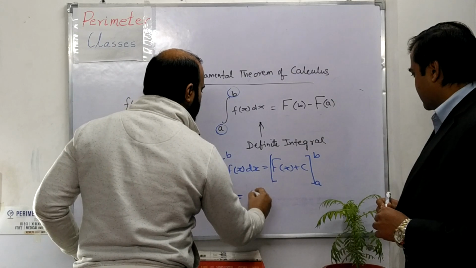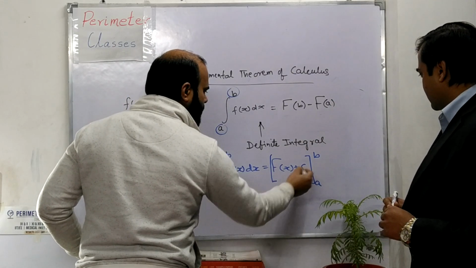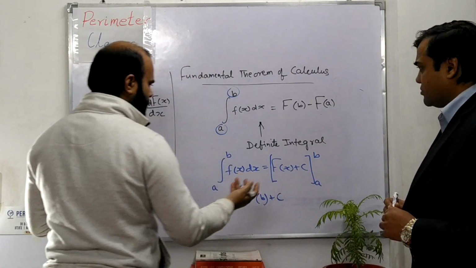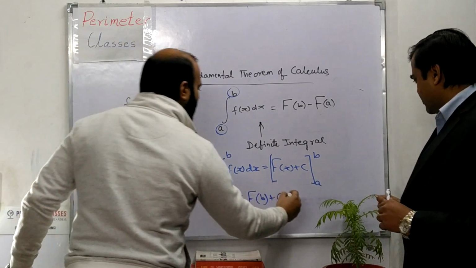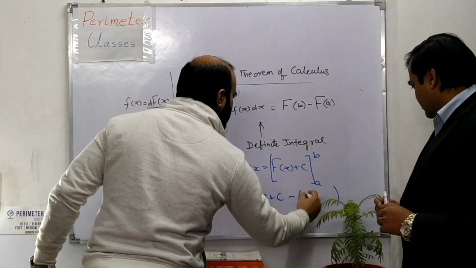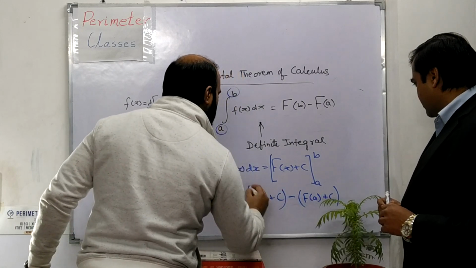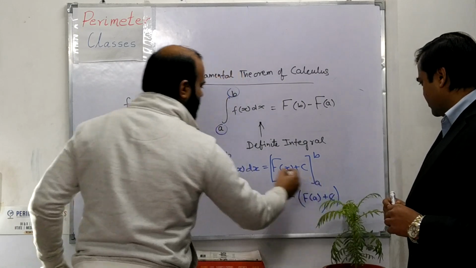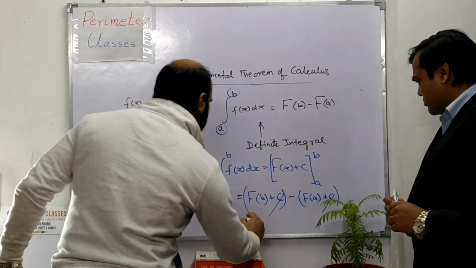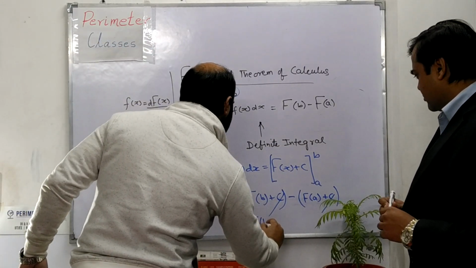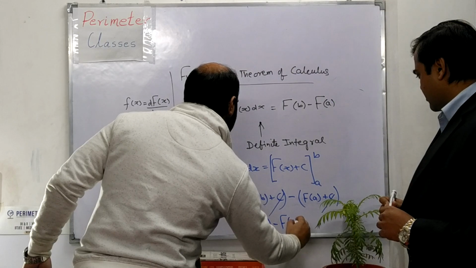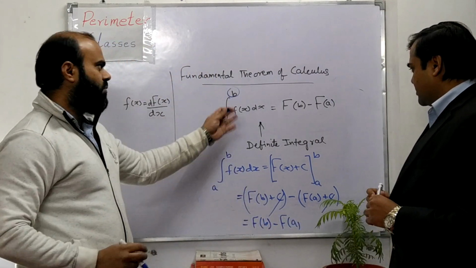So we put the upper limit F(b), and c is a constant. Minus, we take the lower limit, that is F(a) plus c, and this c and this minus c cancel. So this becomes F(b) minus F(a). This is the fundamental theorem.